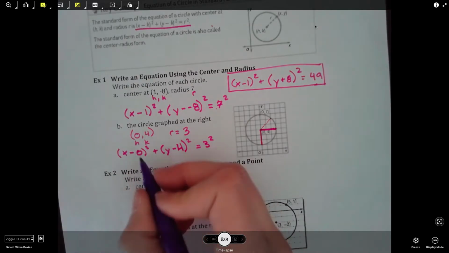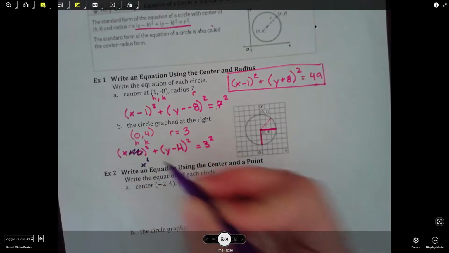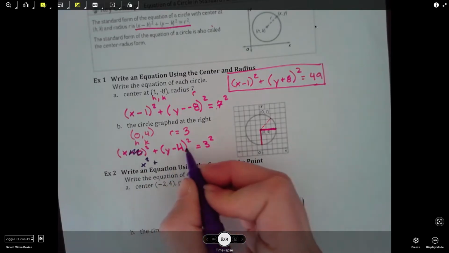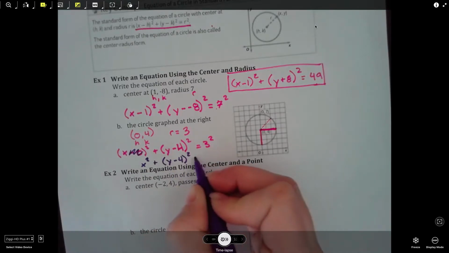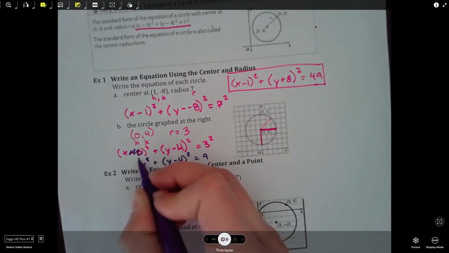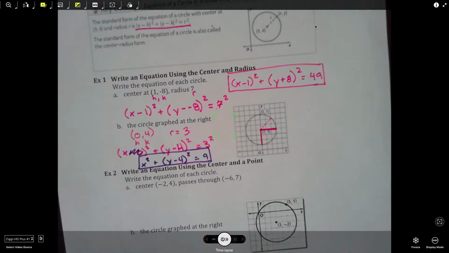That 0 can just go away, so we'll just leave it as x squared. y minus 4 squared, we leave it as y minus 4. And 3 squared is 9. So this is the proper way to write the equation of the circle, and we just leave it looking like that. Now example 2, it bridges off of that.